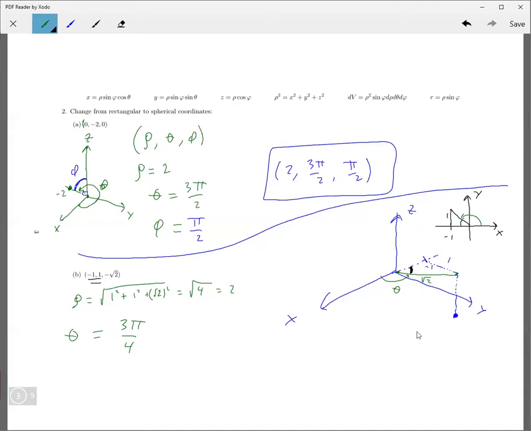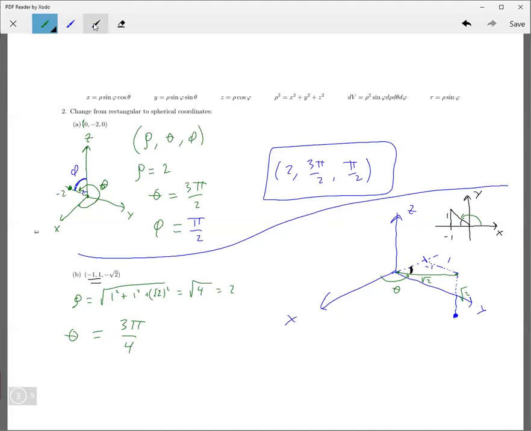Okay, now this is √2. This right here is also a side of √2. So these are the same.